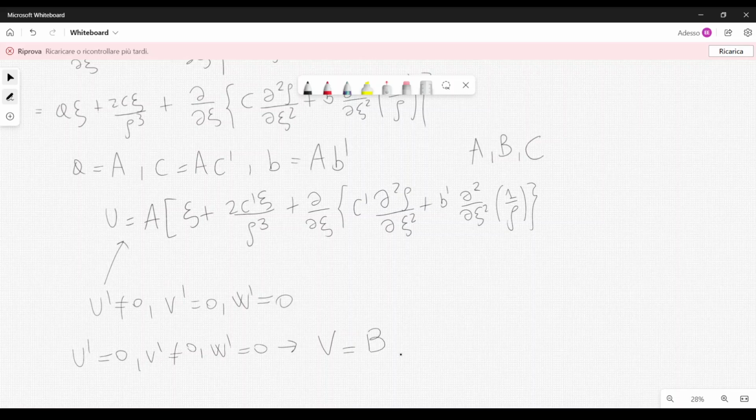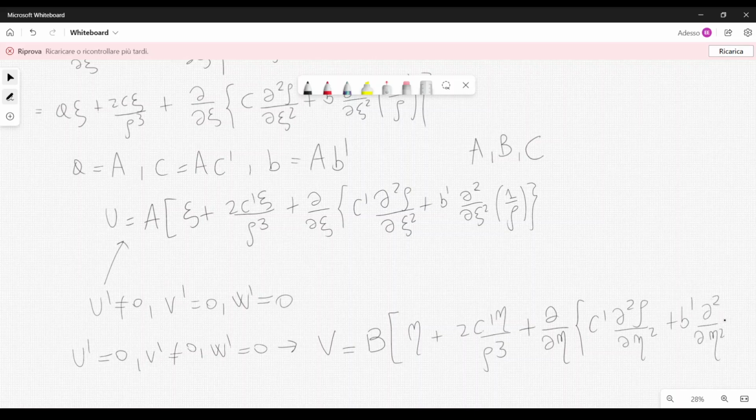We will have a different constant, capital B, and instead of xi, we will have eta plus 2c prime times eta over rho cubed, the same thing, but here we have the derivative with respect to eta of c prime d squared rho d eta prime plus b prime d squared d eta prime 1 over rho.